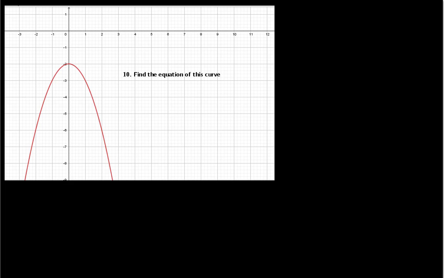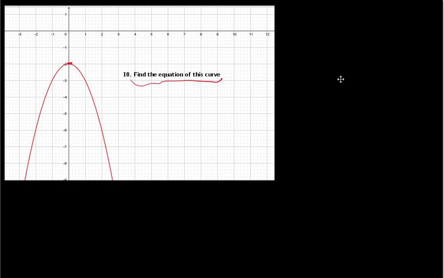Number 10. This one is as simple as it can get. They are asking us to find the equation, actually I would say the function, represented by this curve. But guess what? We have something here very important.